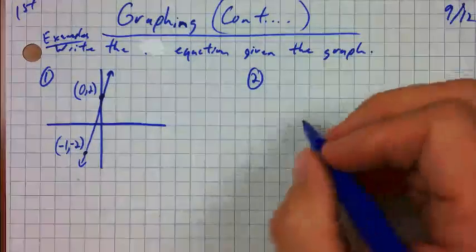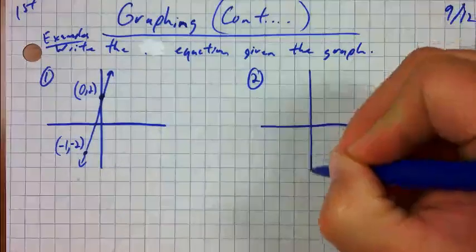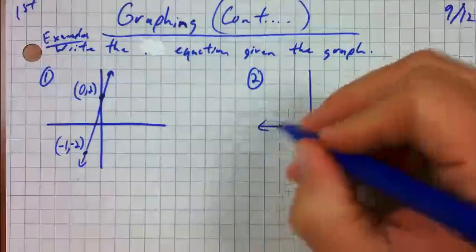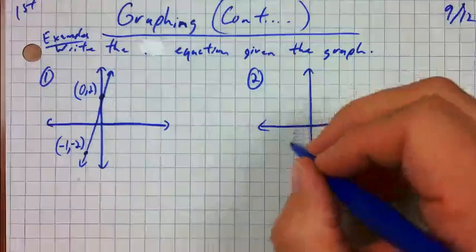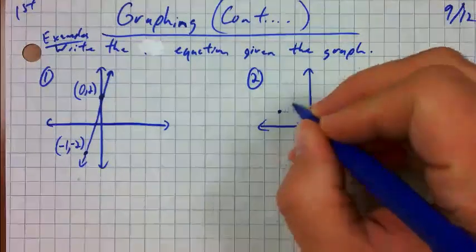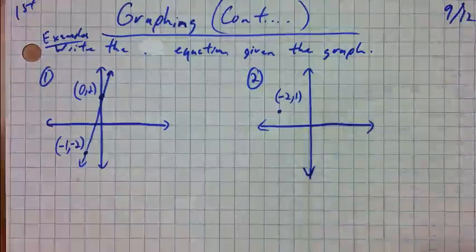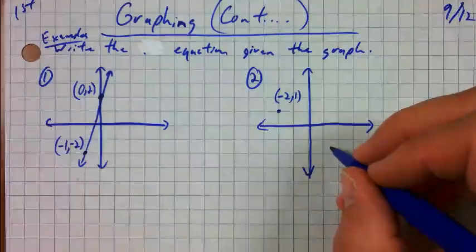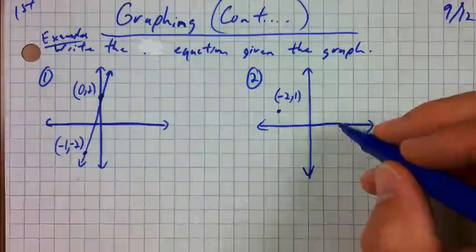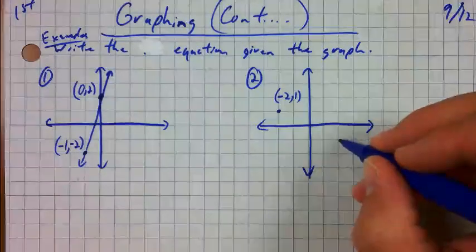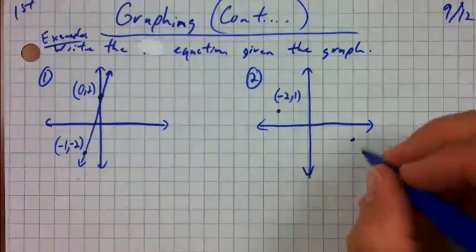So the next one, we're going to have points at negative 2, 1, and another point right here at 3, negative 1.